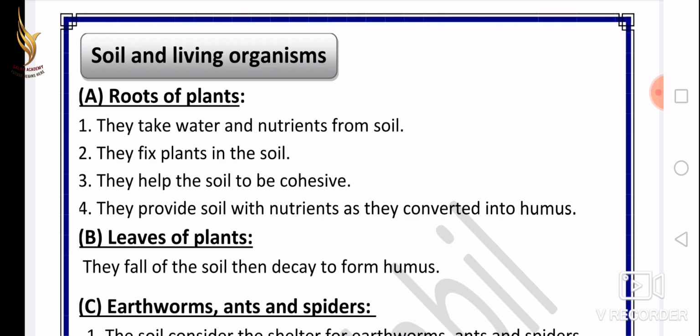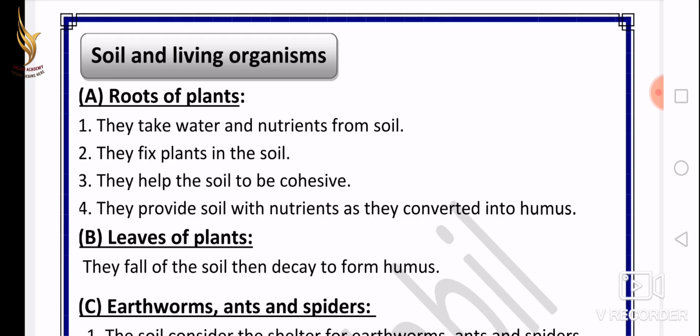Okay, so first we talk about roots of plants. Soil is very important to the plant's roots because soil provides roots with nutrients and helps in fixing the plant.